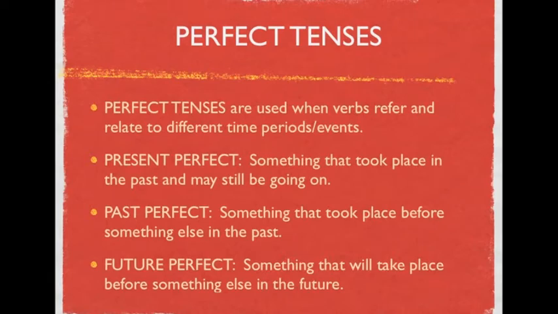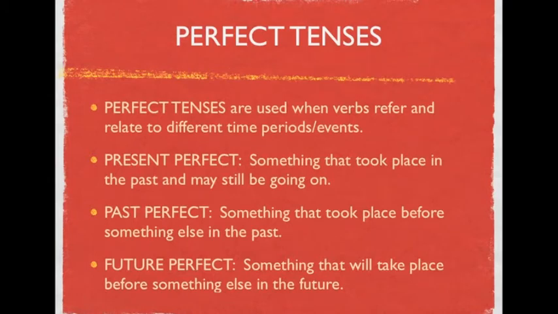Those are used when the verbs refer to and relate to different time periods and events. So if you're talking about something that maybe started in the past or will start in the future and you're relating to that event, that's called the perfect tense. Okay? And sometimes it gets confusing, but you naturally do that when you speak. Now we're learning how some of the ways that you talk are actually classified.